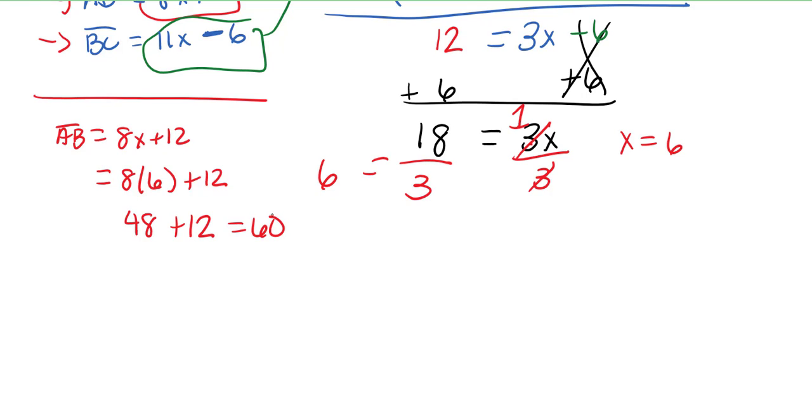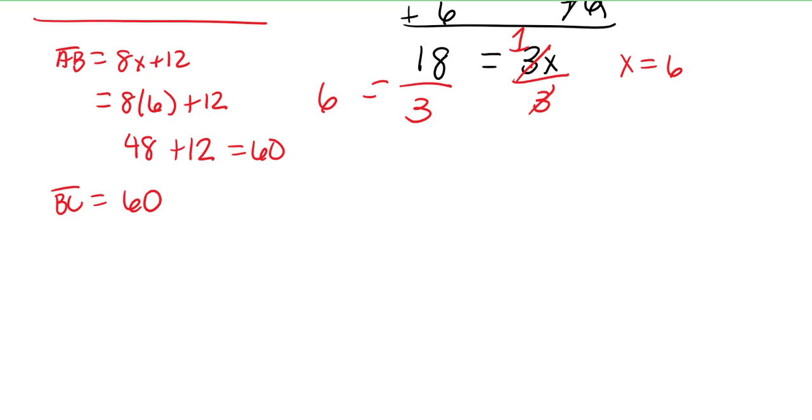Now, what do we know? If segment AB is equal to BC, then BC has to be 60. We didn't even have to solve. We should know they're equal because B is the midpoint between A and C.